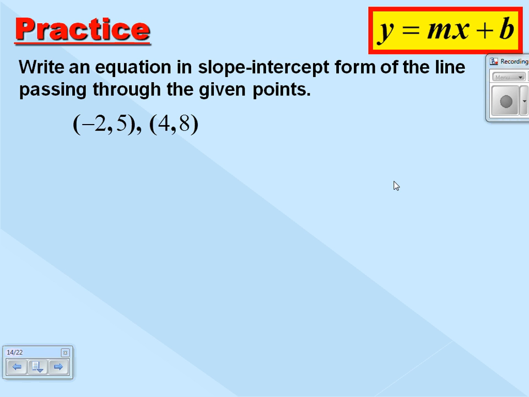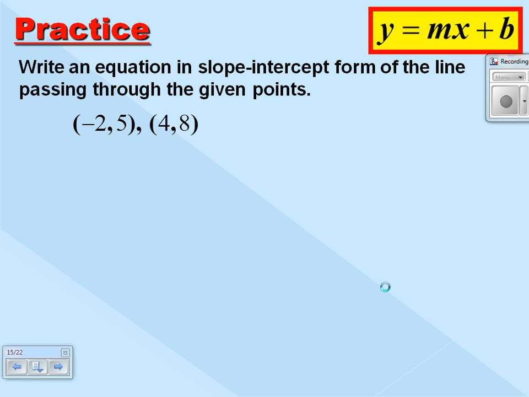Negative 2 comma 5, and 4 comma 8. I want to do the same thing I did on the previous problem. So, in order to do that, I'm going to find the slope. m equals 8 minus 5 over 4 minus negative 2.